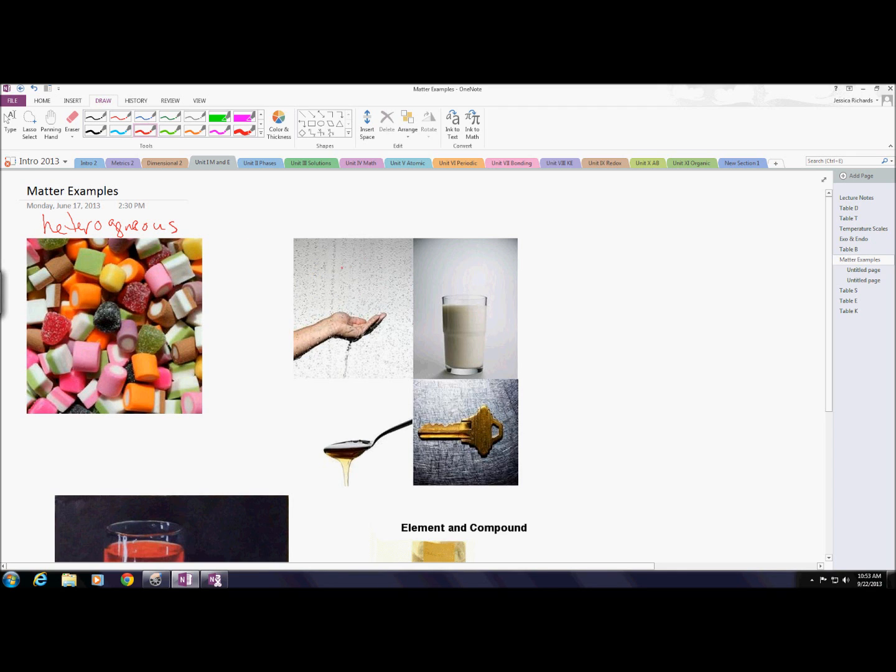Over here, there's water, there's milk, there's honey, there's this brass key. They all look the same throughout. They're evenly mixed. All of these are homogeneous materials. And then we have to think about what's in here. Water, only one type of thing here, so this is a substance. Milk has fat and water.